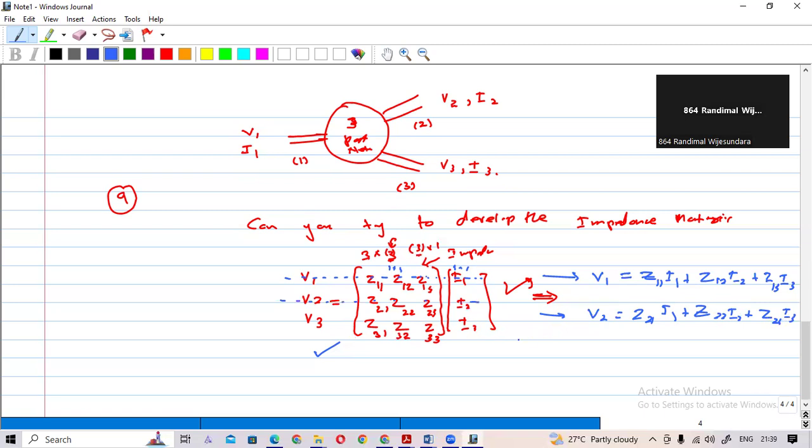And if you consider this one with 3, now the matrix multiplication should be done from here to here.